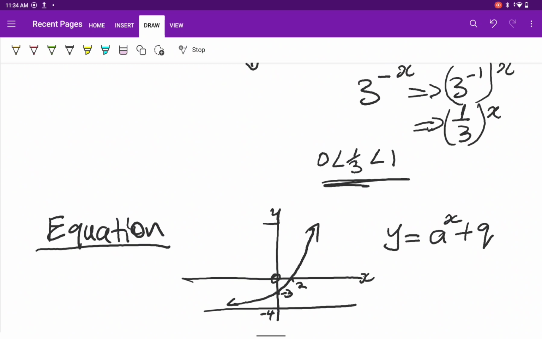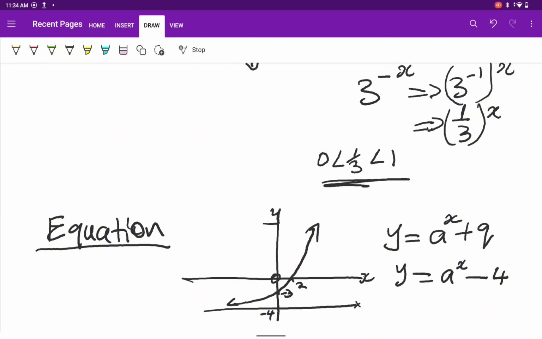Now we can substitute the asymptote. The asymptote is -4, so we have y equals a exponent x minus 4. So we have the 4 as q, and now we want to know this a.